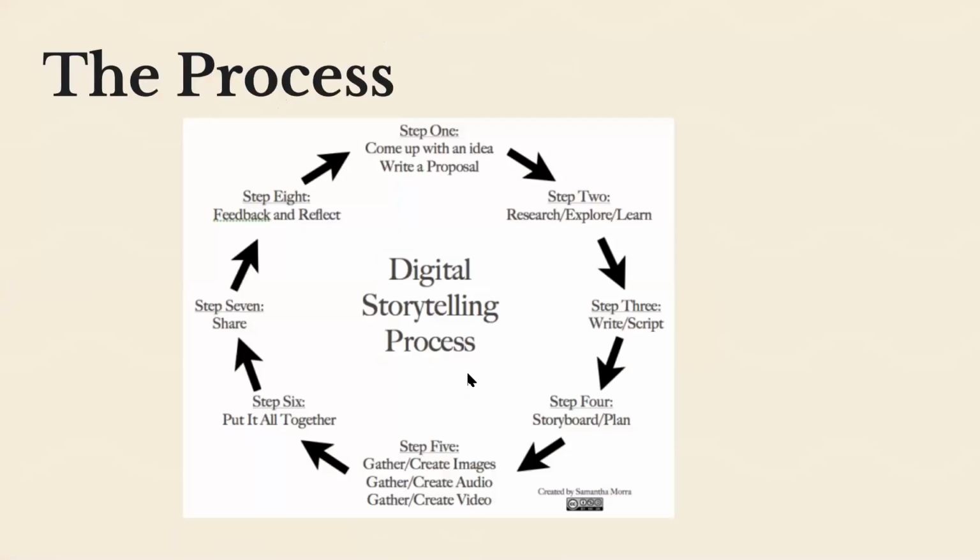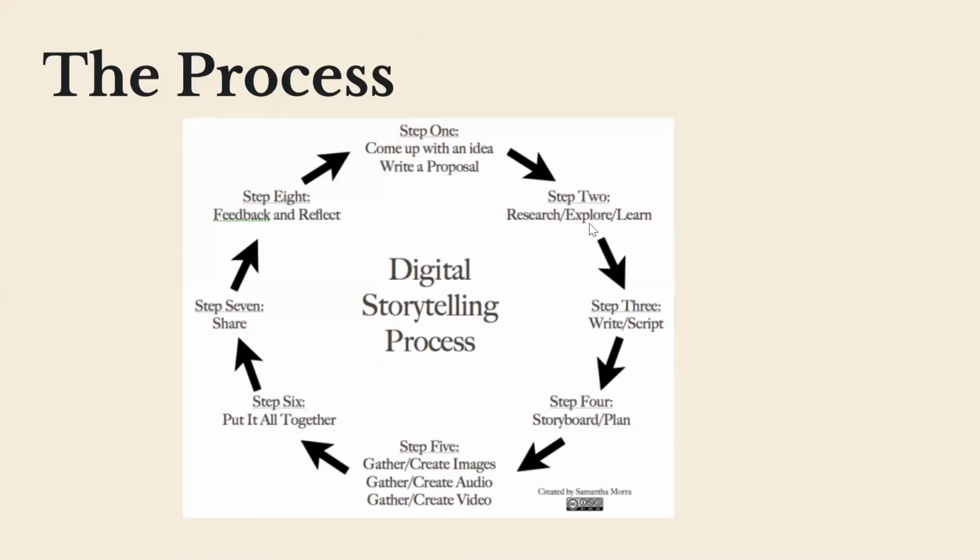So what's the process of creating digital storytelling? The students should come up with an idea. Teachers can help them, and then they could research, explore, learn, and then write a script.